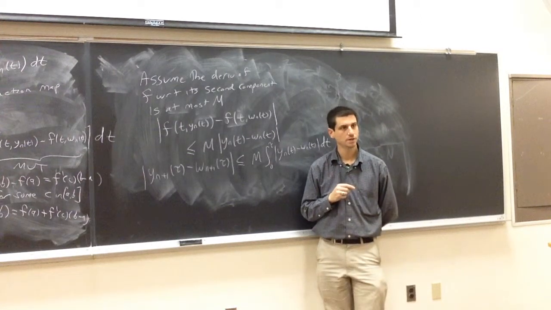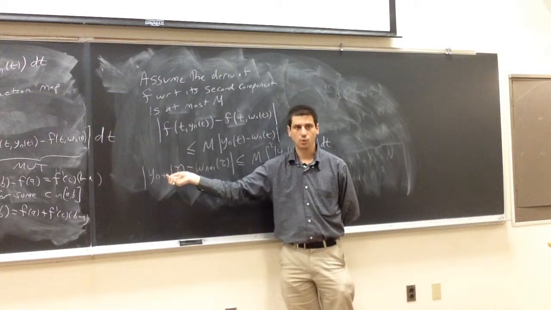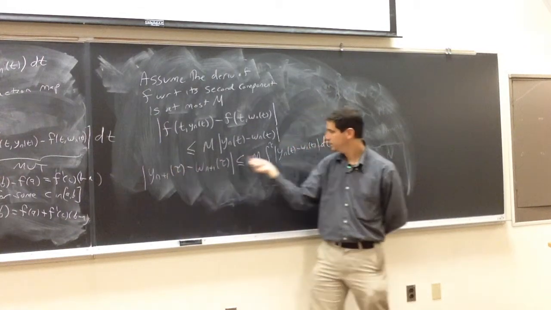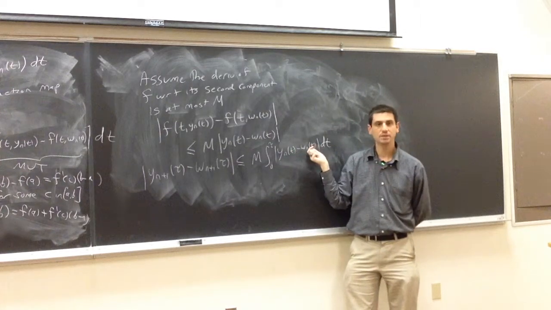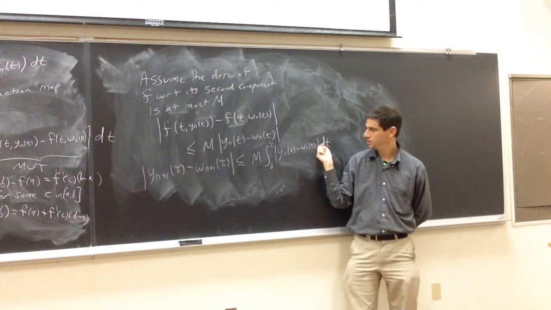Okay? So we can now begin to see a yn plus 1 minus wn plus 1 over here, and a yn minus wn over here. Any questions so far?